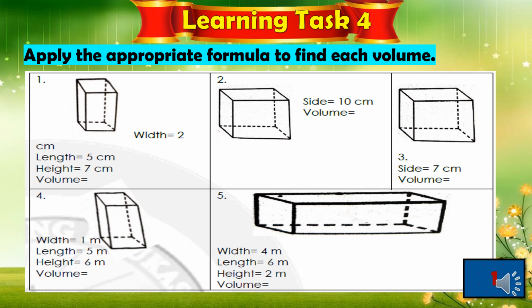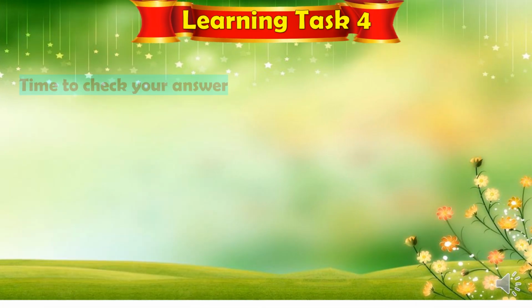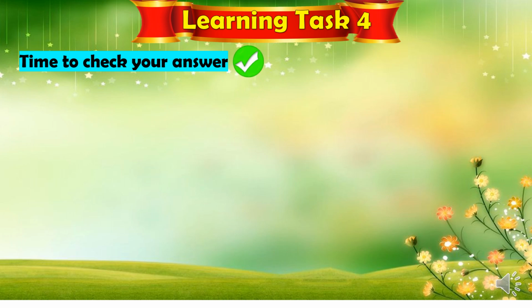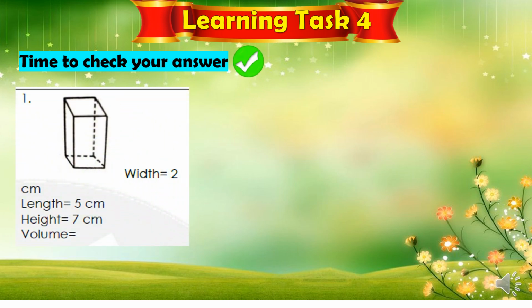Okay, let us now answer learning task number 4. It's time to check your answer. For the first figure, the width is 2 centimeters, the length is 5 centimeters, the height is 7 centimeters, and what is the volume?